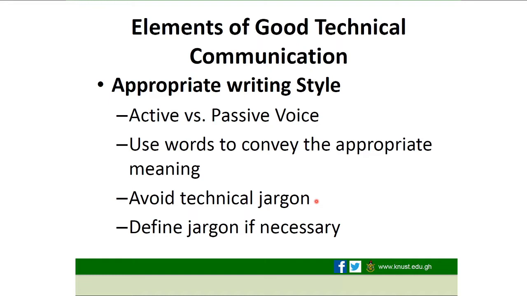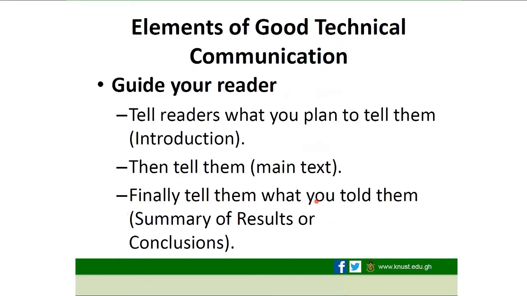So even if you want to include some technical jargon, it becomes imperative that you introduce some citations or footnotes to explain what exactly you are talking about, right? Great. You should guide your reader. We are supposed to do this through the use of the table of content, the headers and whatnot.